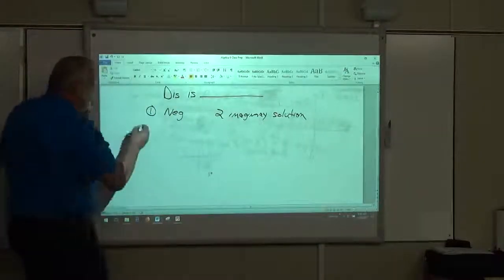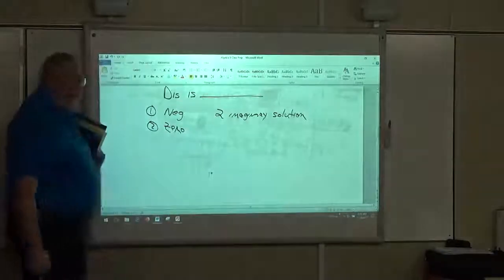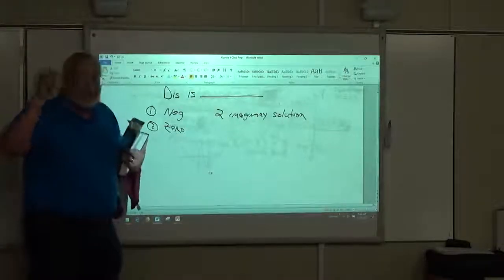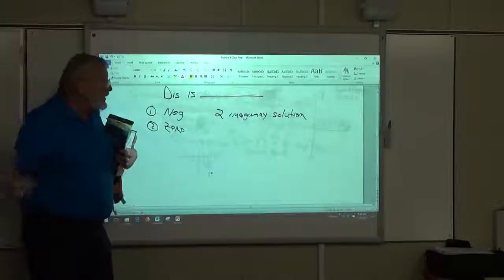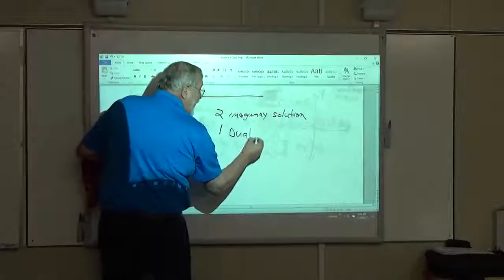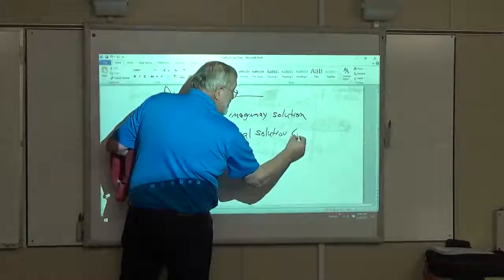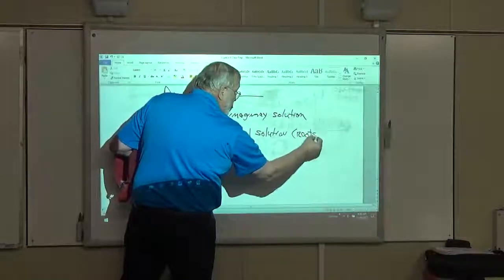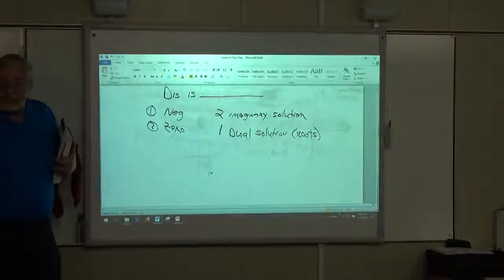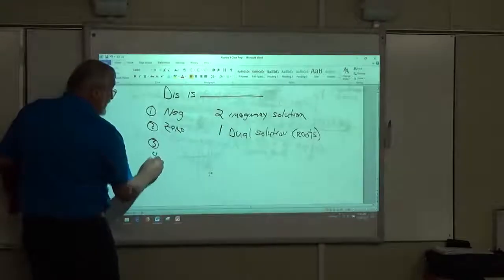What happens when it's 0? When you have 0, you're going to have negative b plus 0, negative b minus 0, so you're going to have one dual solution. Sometimes these are called roots. The third and fourth have to do with positive.